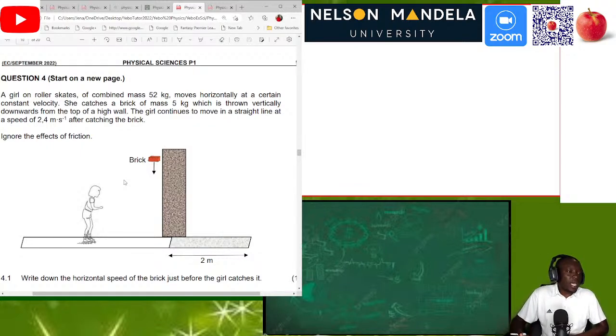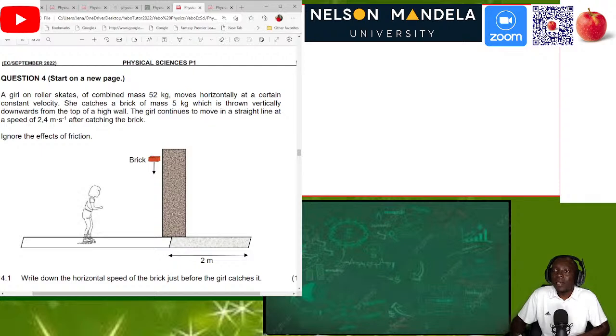The question goes: a girl on roller skates of combined mass 52 kg moves horizontally at a certain constant velocity. Take note of the keywords there.